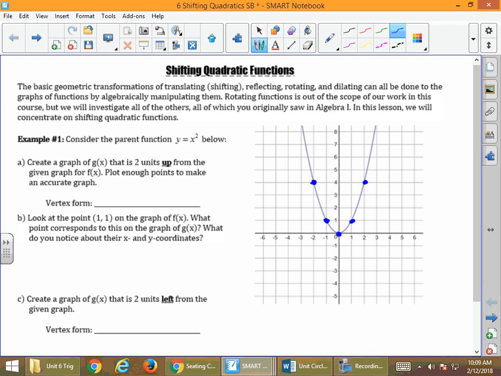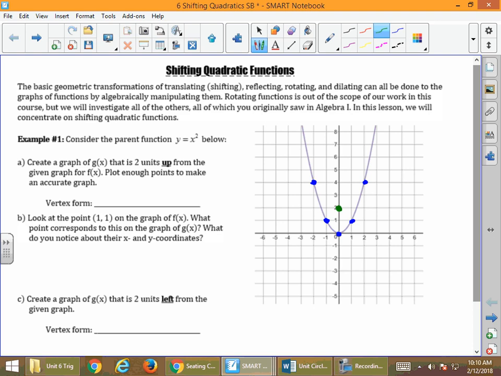Because the first part here says create a graph of g of x that is 2 units up from our given graph that's right there in blue. So you may want to take a colored pencil, and what we're going to do is move every point in this graph up 2. So I'll start with (0, 0). I'm going to move it up 2 spaces.